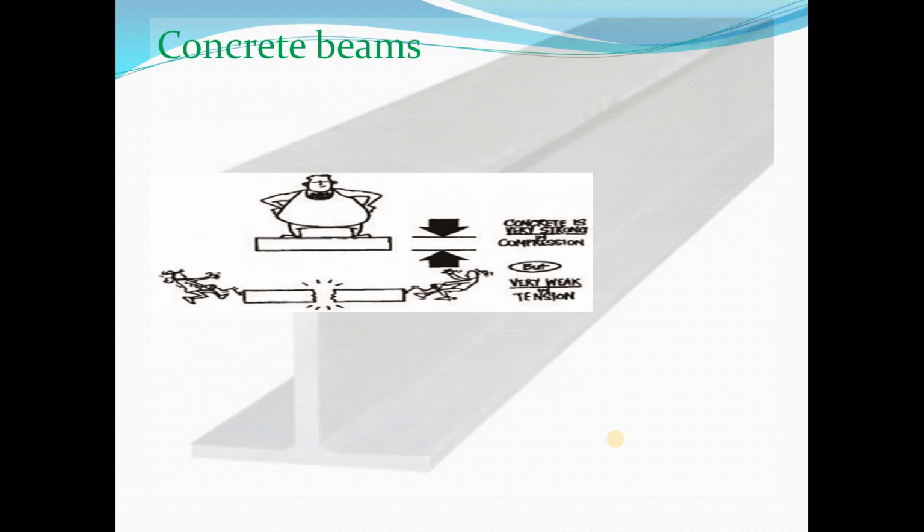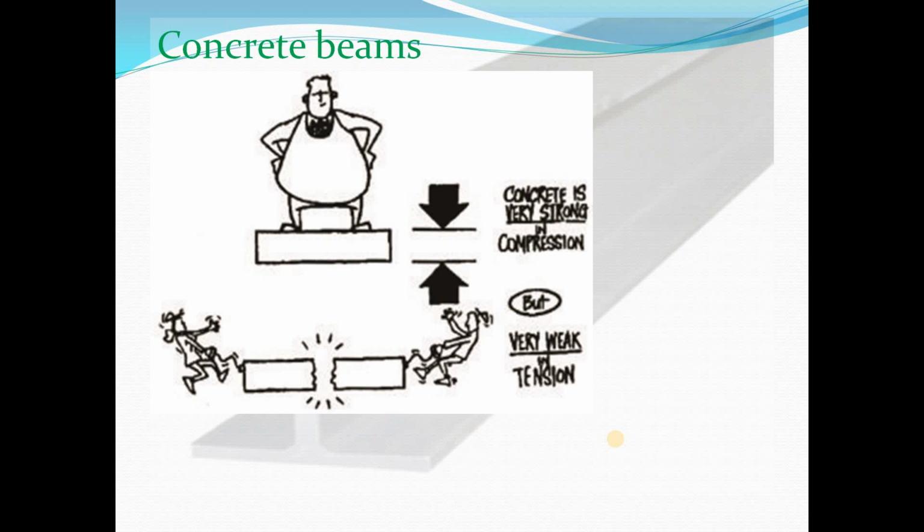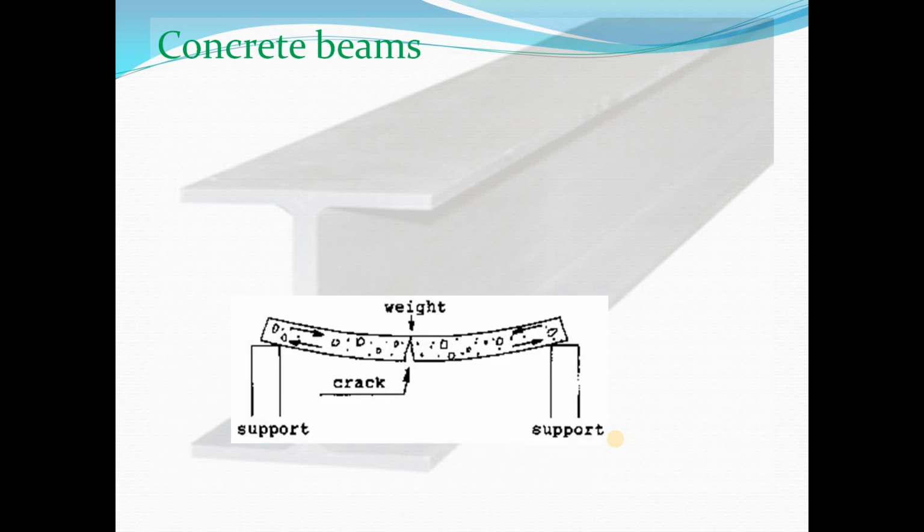Concrete beams. Concrete is very strong in compression but very weak in tension. The compressive strength of concrete is 10 times its tensile strength. When we make beams with concrete and the beam is subjected to any kind of downward force or load, the beam tends to crack from the bottom because, as I have said before, this is a sagging case, and in sagging, the bottom fibers are subjected to tension, and concrete is weak in tension.